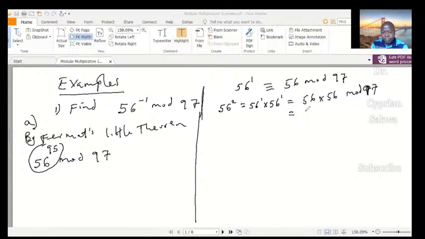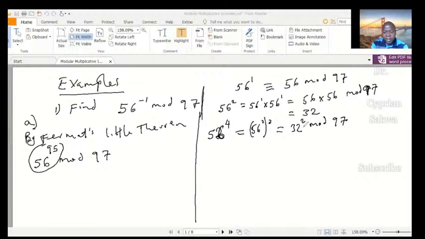Now, what about the square of this? The square of 56 squared is 56 raised to 4. But 56 squared is 32, so we have 32 squared mod 97.